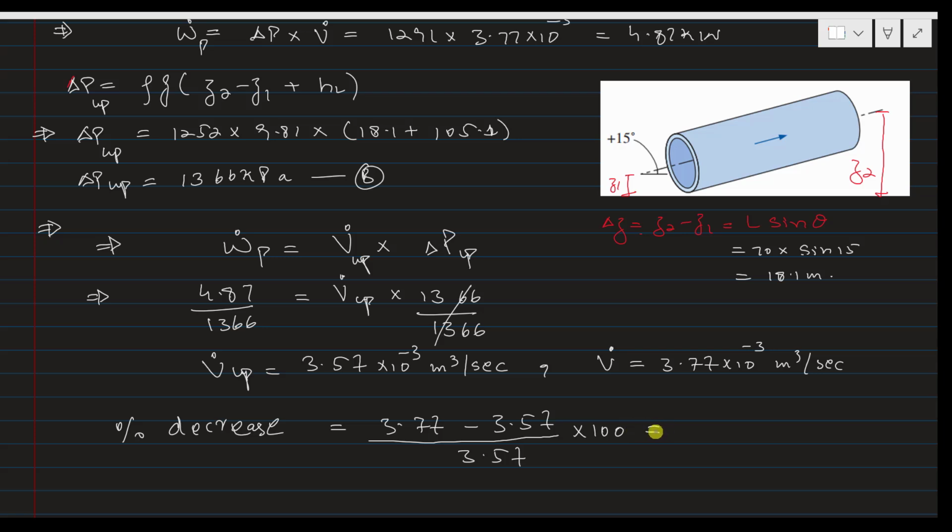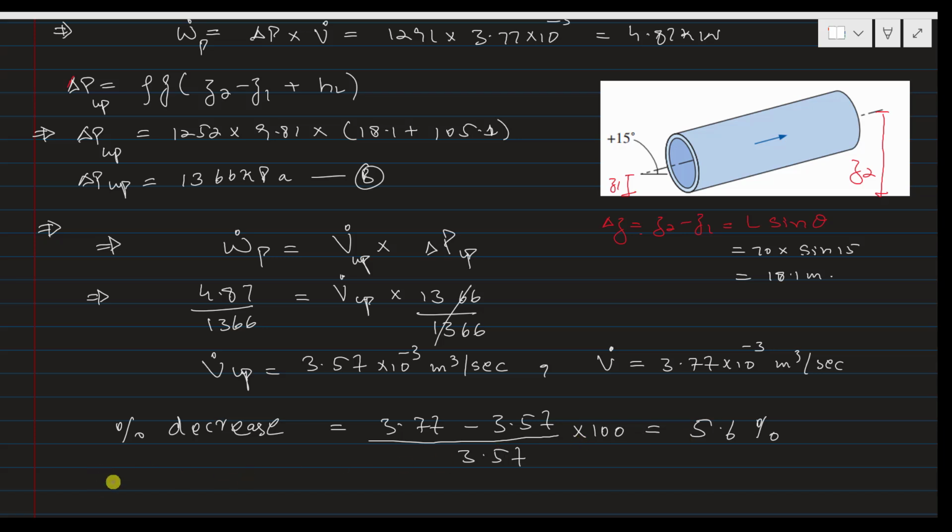So we'll get the decrease in volume flow rate, that is 5.6%. So it means that if the pipe is inclined in upward direction at an angle of 15 degrees, the volume flow rate will decrease by 5.6%.